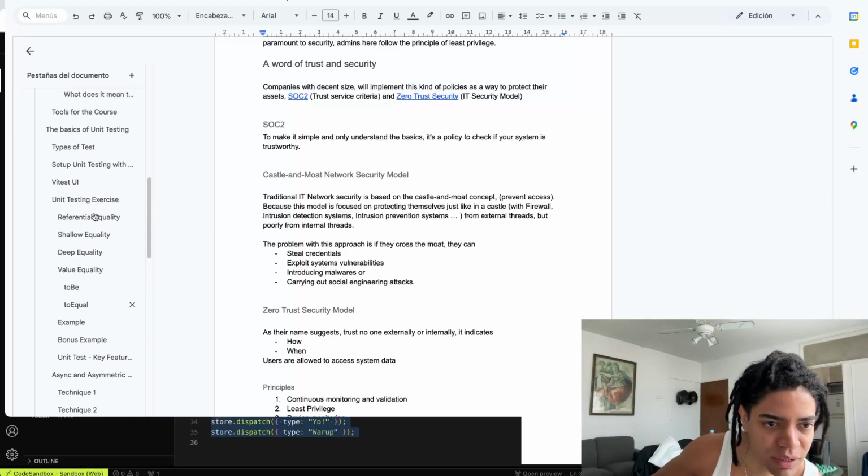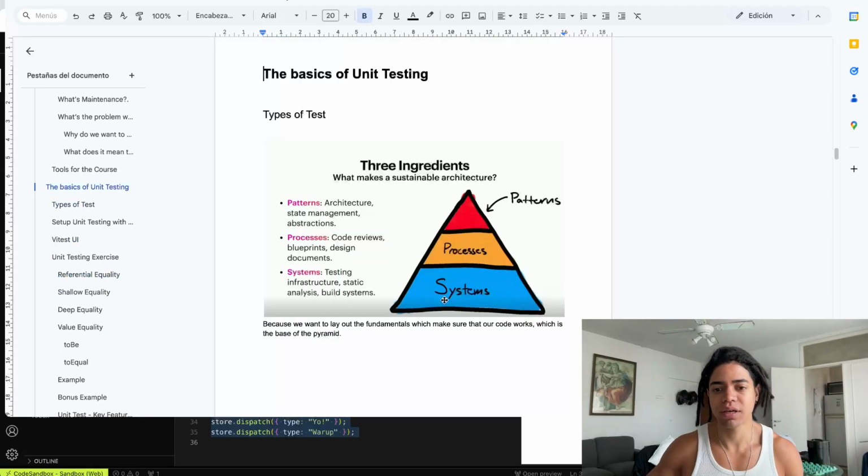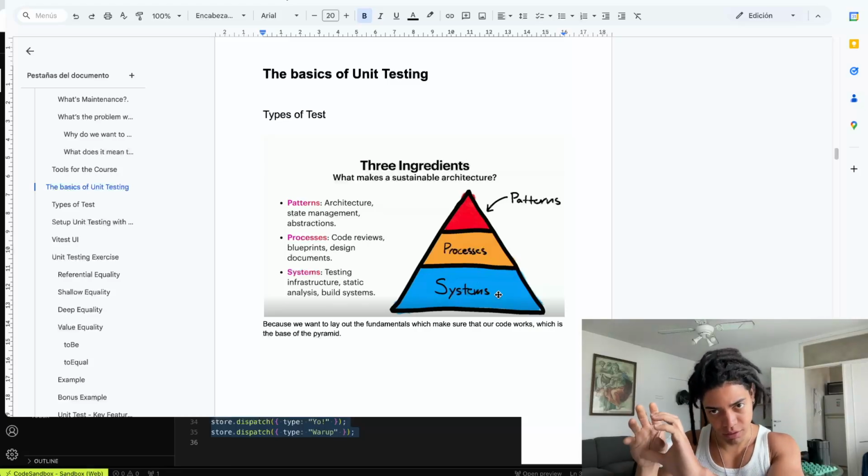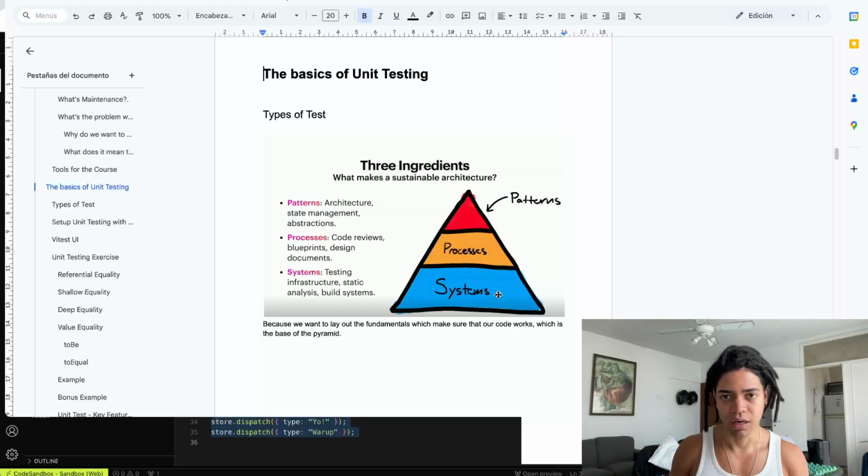That's why we first look at this particular diagram, where we need to put in place a testing system, the build system, as well as static analysis, and then set up the process or know-how for code reviews, or the way we integrate code into our application, the design principles, the design documents, as well as the blueprints.